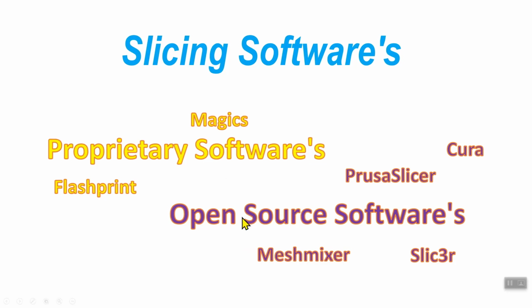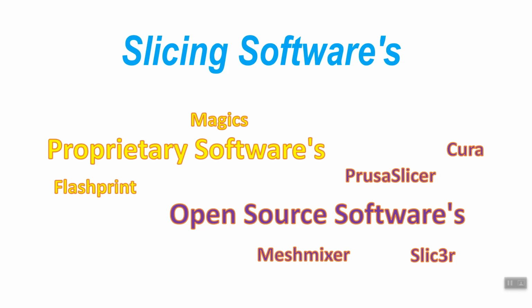But on the internet we know that 3D printers are available at very low cost, a few hundred dollars. For those machines, they will not give any proprietary software, but we can use open source software to work with those machines. In most scenarios, proprietary and open source software have almost similar features for a normal user.